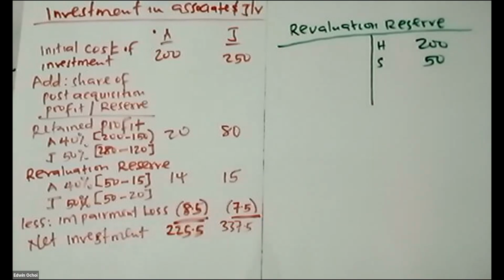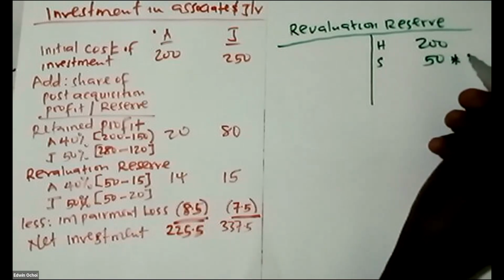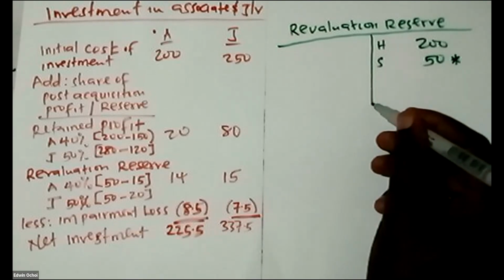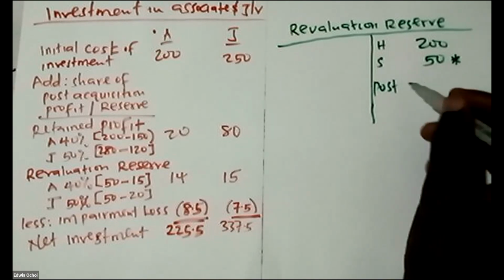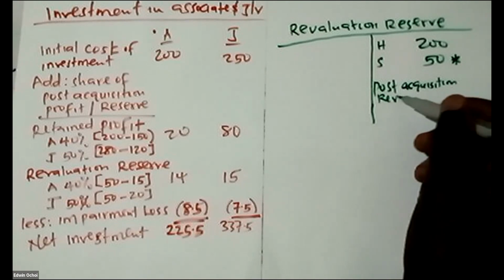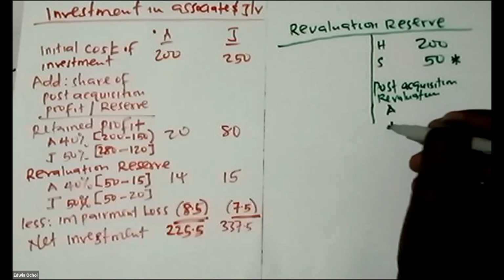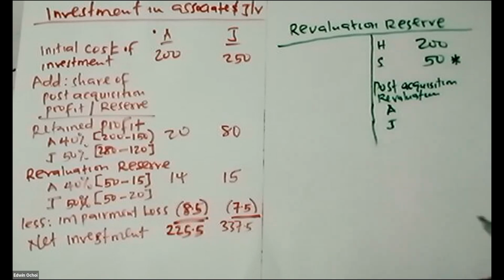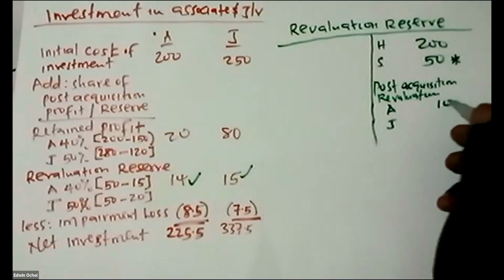Remember that the NCI was inside that S. Before I record that NCI on the debit side, I need to consider the post-acquisition revaluation of A and J. Because I've considered the breakdown of H and S, I have to add post-acquisition of A and J. Post-acquisition of A and J is 14 and 15.